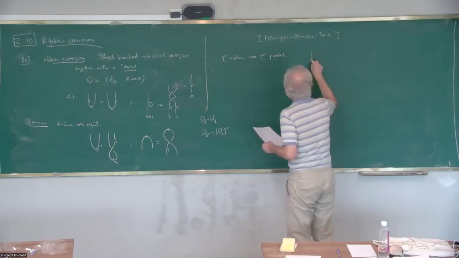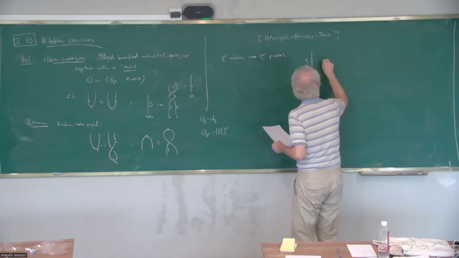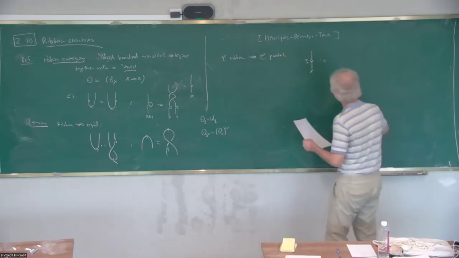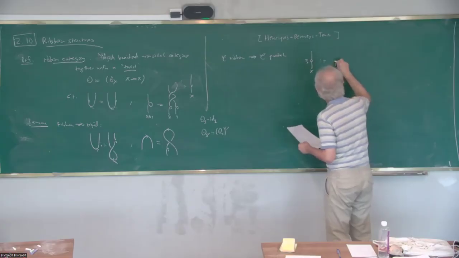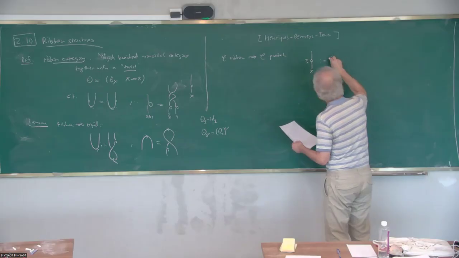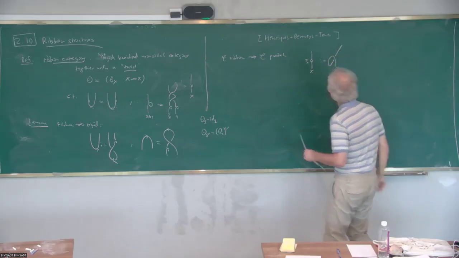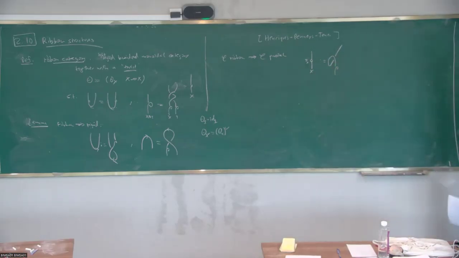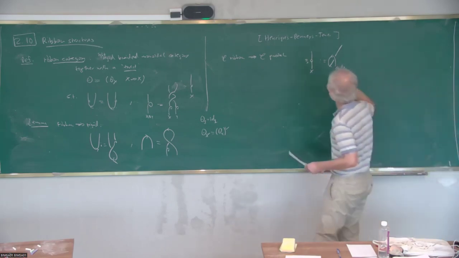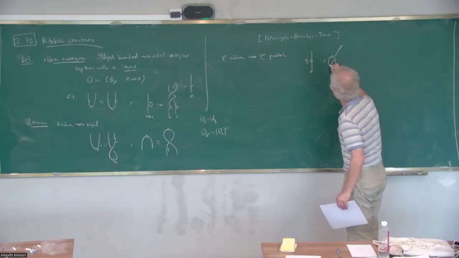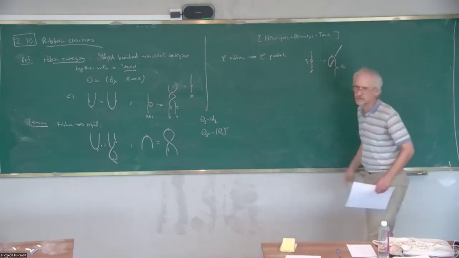And you can just define the pivotal structure like that. So here we have the twist, and here we have explicitly braiding and duality.